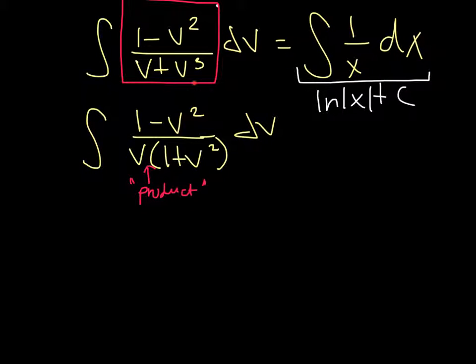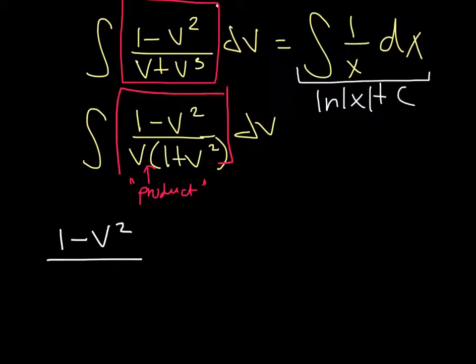This is what I'm basically doing. I'm not going to solve the whole problem, but this will help you finish the problem. Okay, so this is my integrand here. So I have 1 minus v squared over v times the quantity 1 plus v squared.